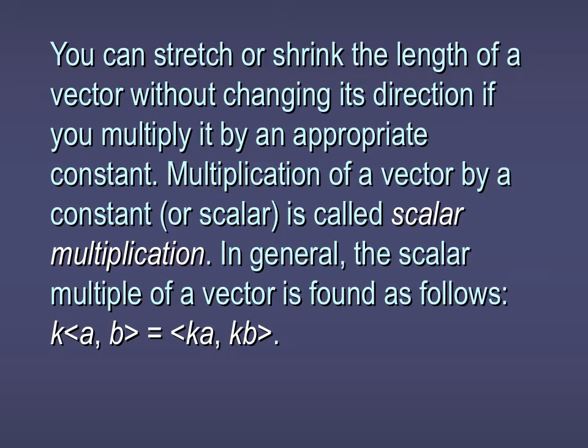So when you multiply a vector by a constant, which in this case we're going to call the scalar, it's called scalar multiplication. So what that looks like is if you have your vector AB here, and we're going to multiply it by the scalar k, what happens is that k gets distributed, it becomes the vector kA, kB.